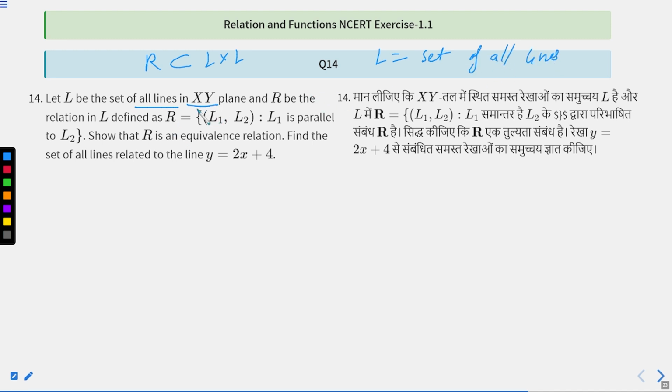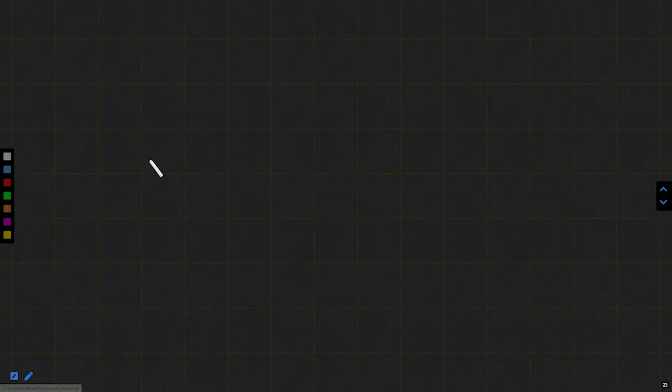Now R is defined as the collection of all pairs (L1, L2) such that line L1 must be parallel to line L2. And we need to show that R is an equivalence relation. In order to show it is an equivalence relation, we need to show that it is reflexive, symmetric and transitive. So first of all, let us show that it is reflexive.